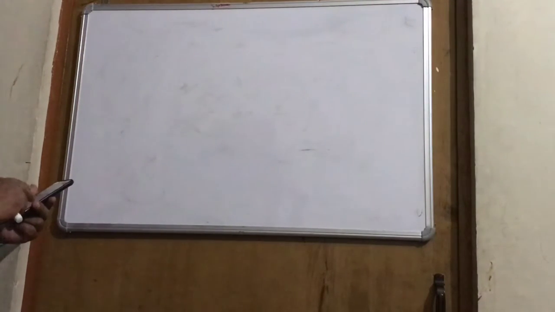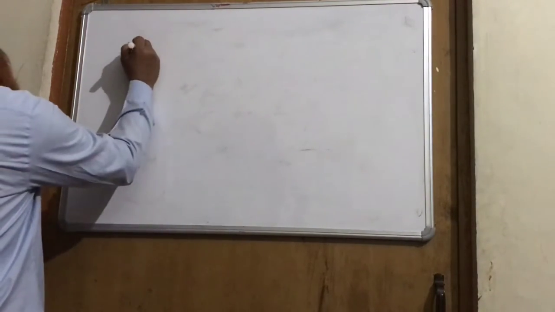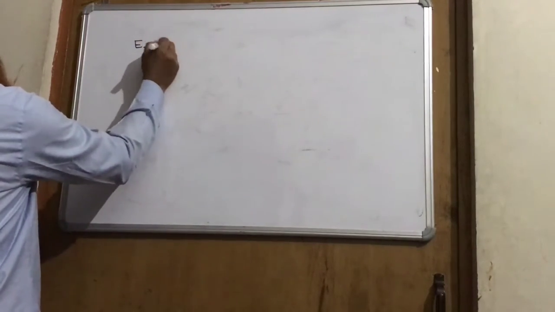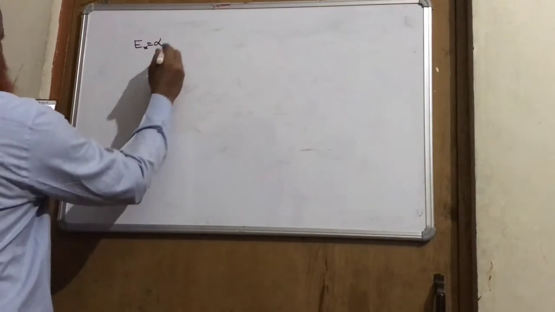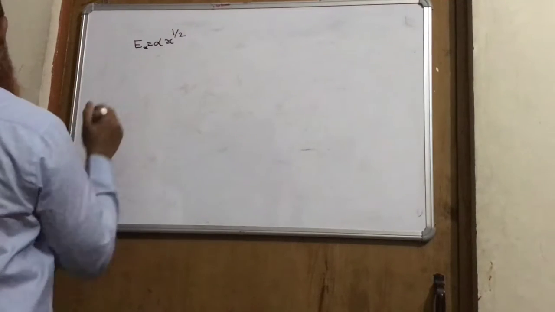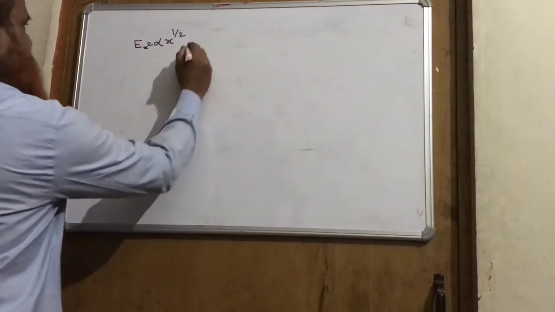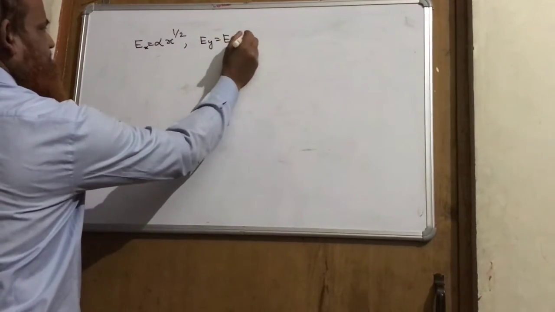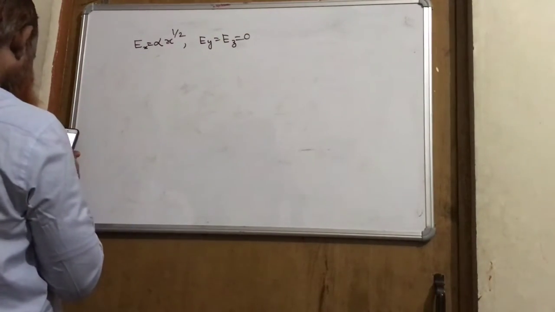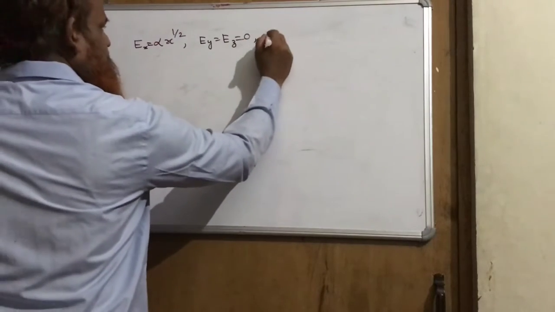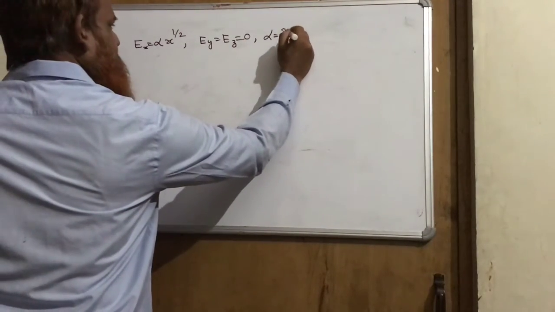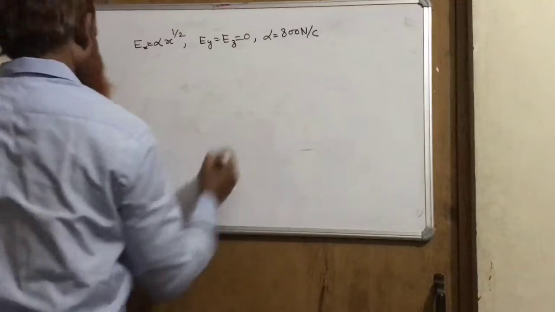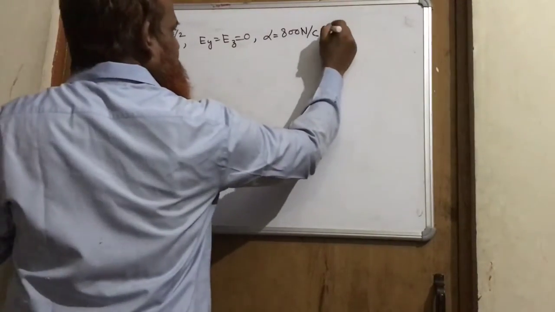The electric field components in figure 1.27 are Ex equal to alpha x to the power half, Ey equal to Ez equal to 0, in which alpha is equal to 800 newton per coulomb meter to the power half.